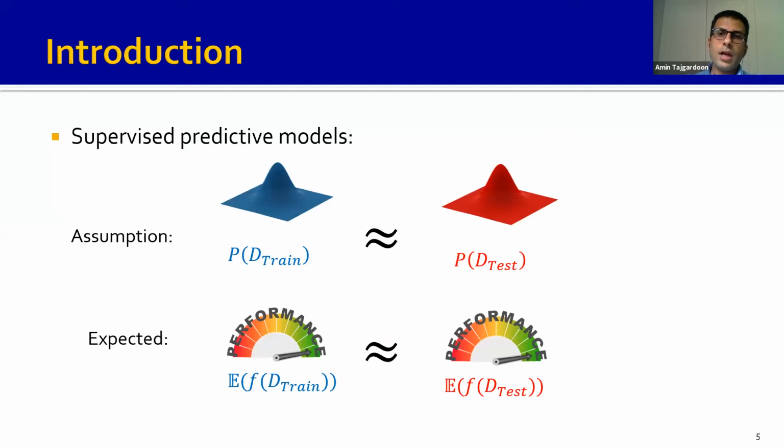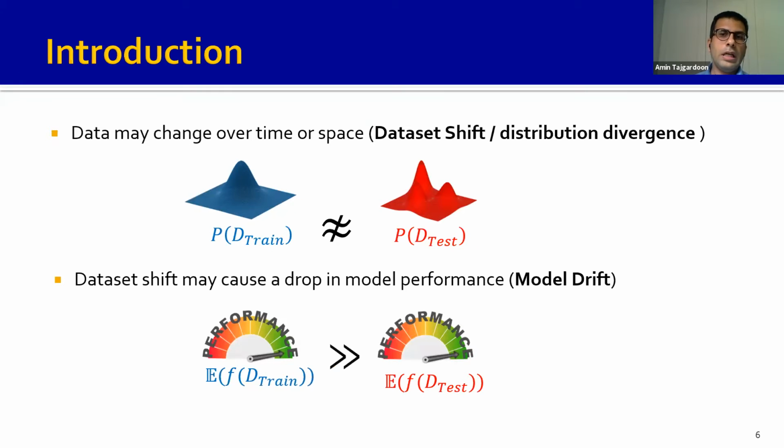A fundamental assumption in supervised predictive models is that the training data from which the models are derived and the data on which the model will be applied follow the same distribution. And therefore, the model is expected to perform the same on the test and training data sets. However, in medicine, as well as in other domains, properties of data change over time and across different geographical regions and sites.